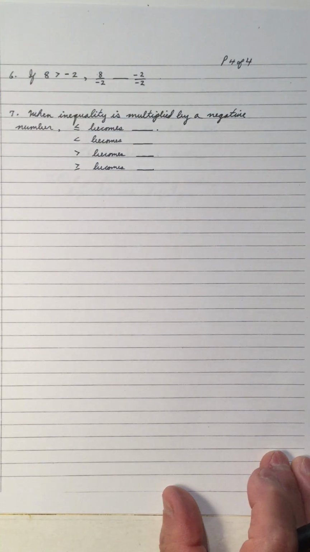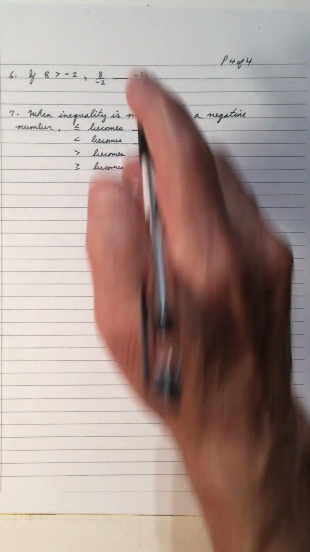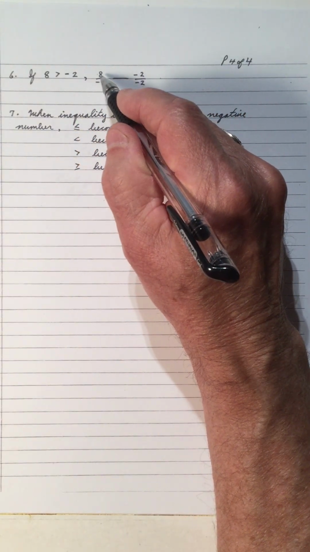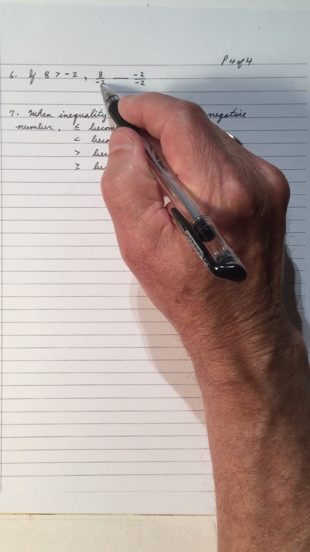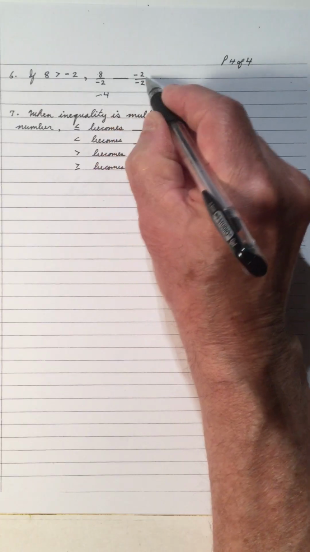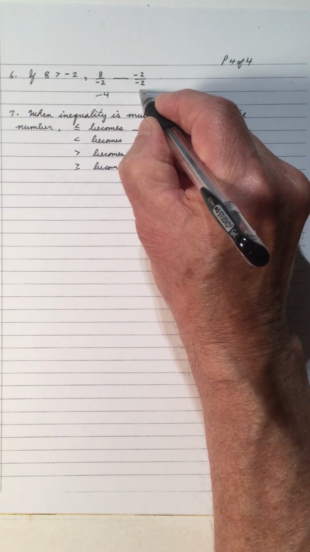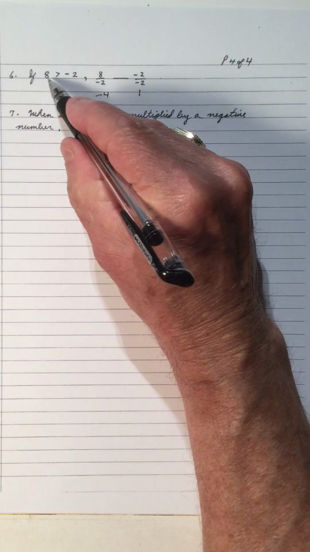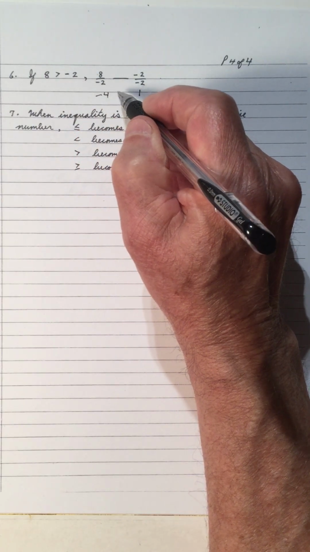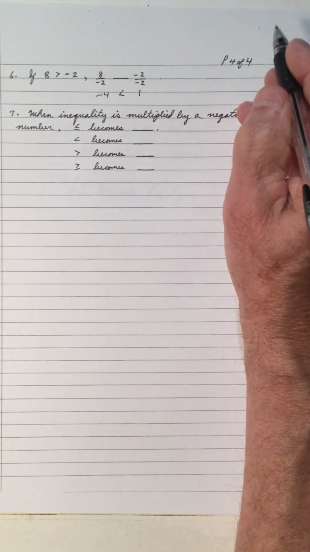And let's continue. And number 6, if 8 is greater than negative 2, then 8 divided by negative 2, that's negative 4. Negative 2 divided by negative 2 is 1. So if 8 is greater than negative 2, that means that negative 4 is going to be less than 1.